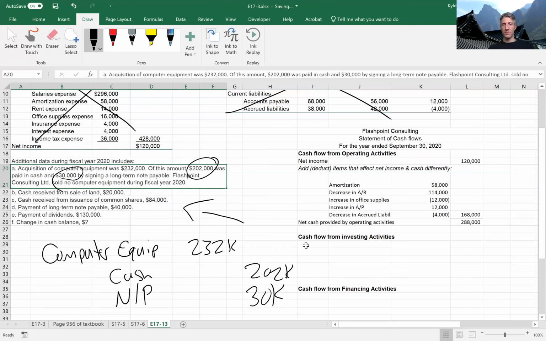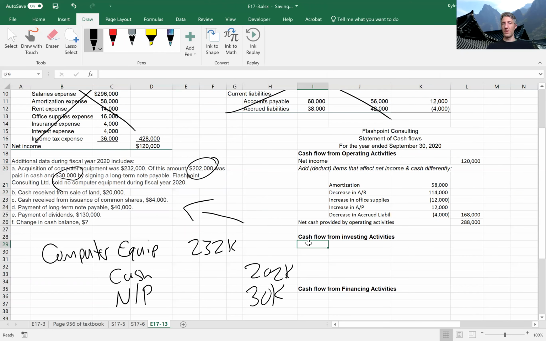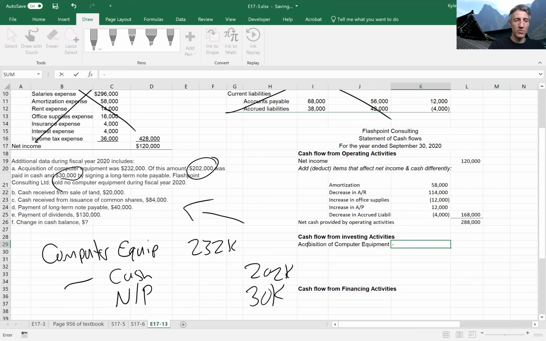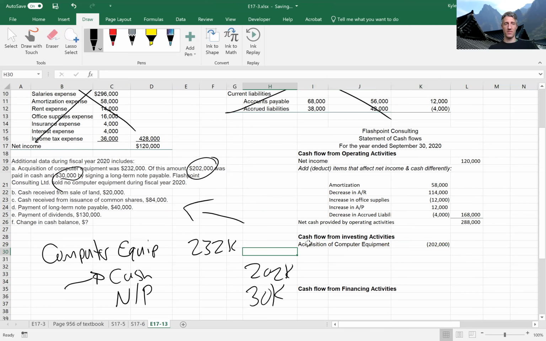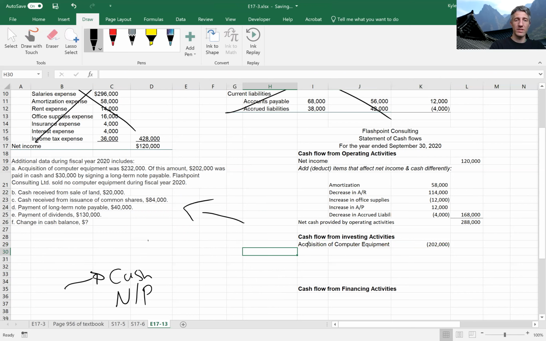So here, the acquisition of computer equipment, the cash that it provided was a cash outflow, right? Cash went down by $202,000 to finance the acquisition of this investment.